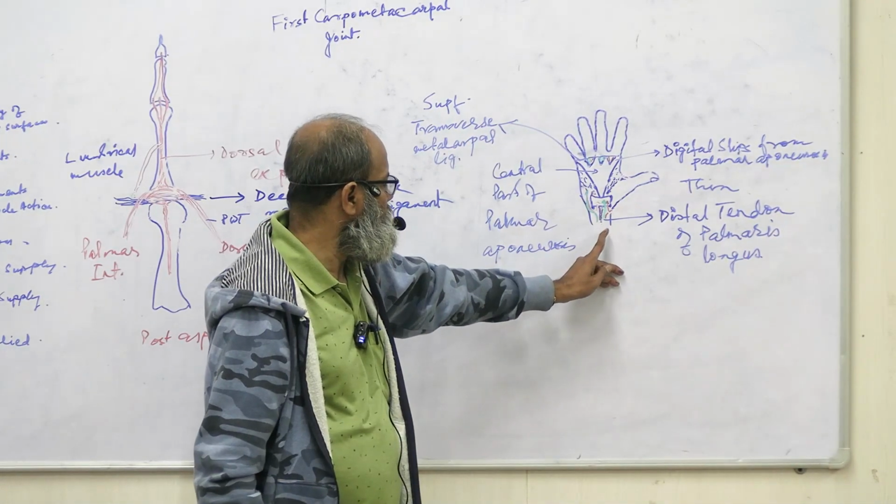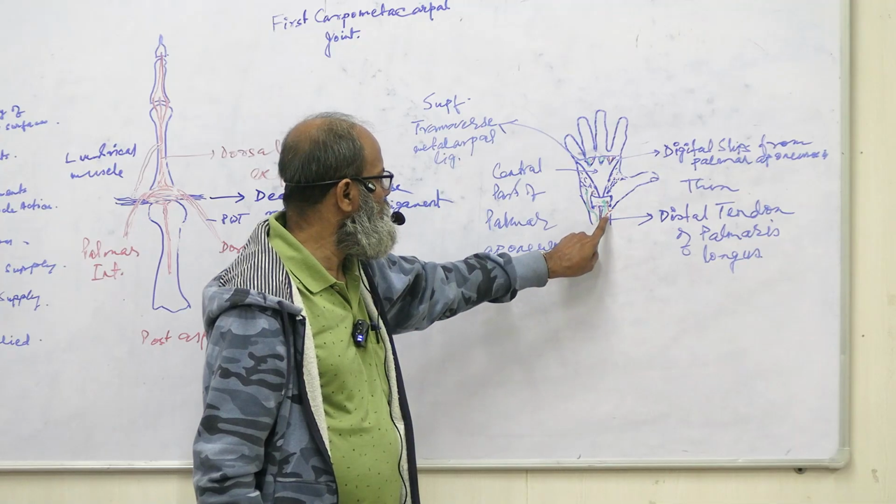Over the flexor retinaculum, you will see this is the radial artery, and this is its superficial palmar branch.